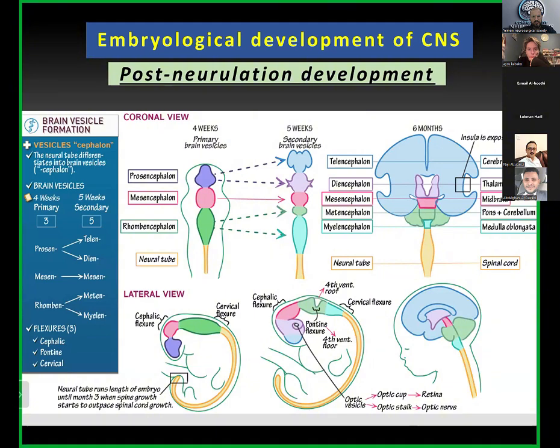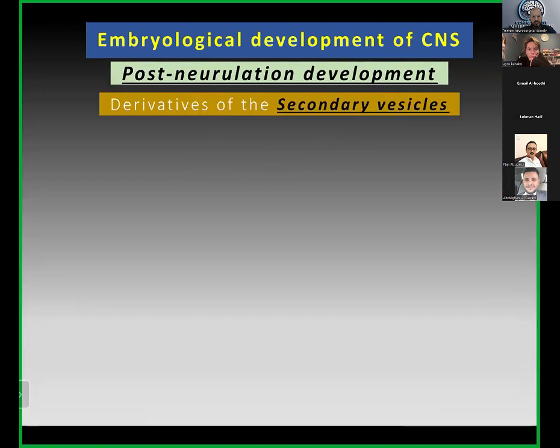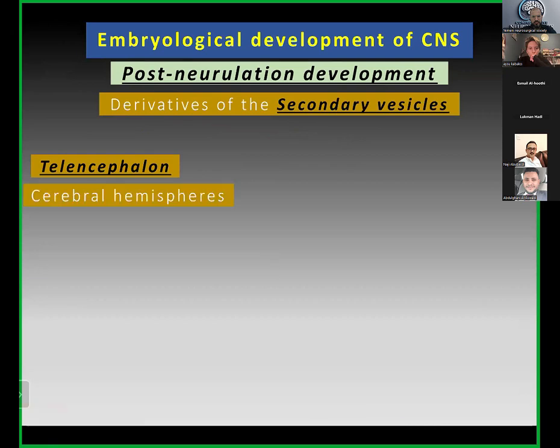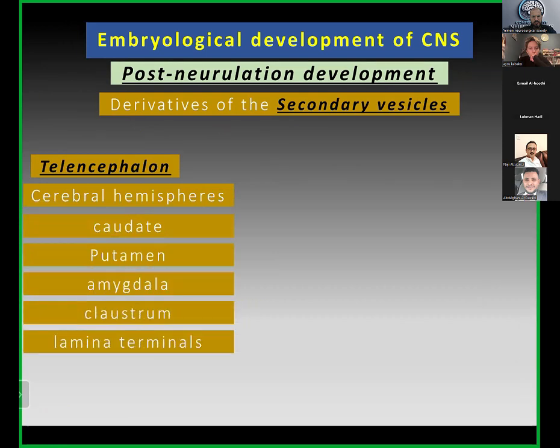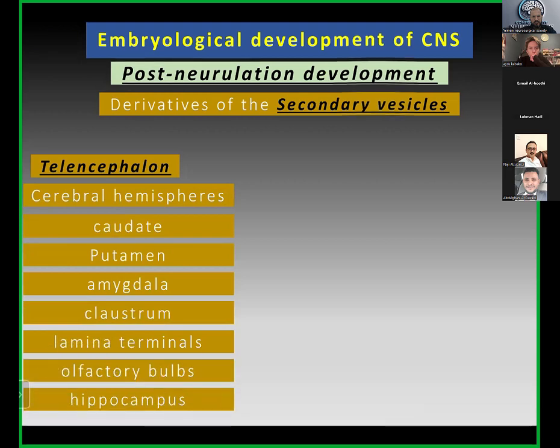So, the derivatives depend on the secondary brain vesicles. The telencephalon will form the cerebral hemispheres, caudate, putamen, amygdala, corpus callosum, lamina terminalis, olfactory bulbs and hippocampus.